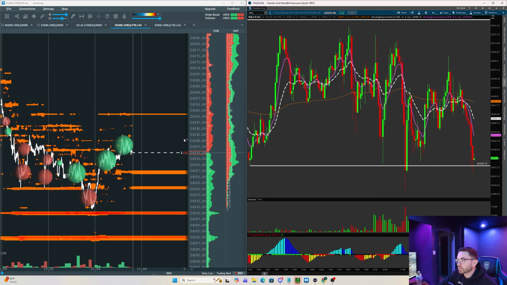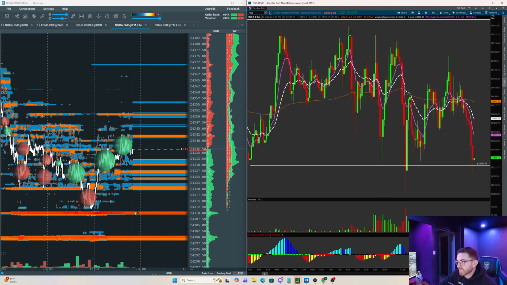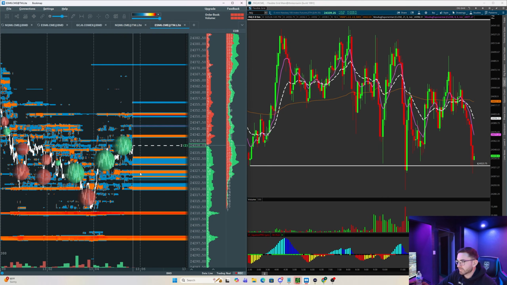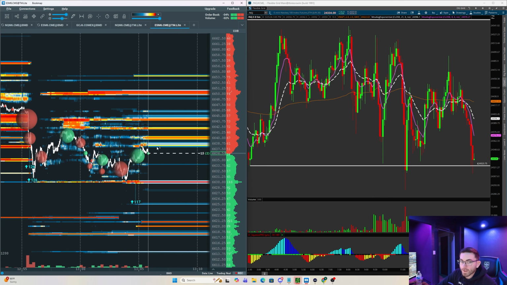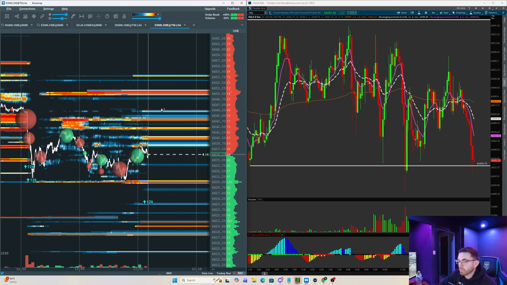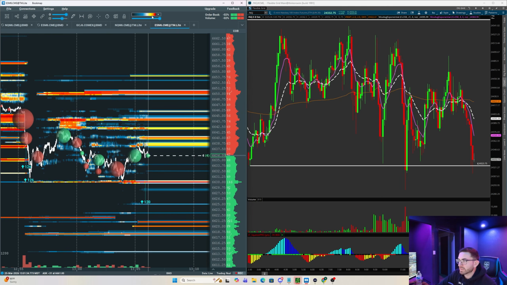Now, here's how to understand the heat map. The heat map is these shaded areas right here. I'll actually show it to you on the S&P futures because it's a little more clean. But here's how to read it. The brighter the color, the more limit orders are sitting there. Or I should say, brighter into this darker red right here.